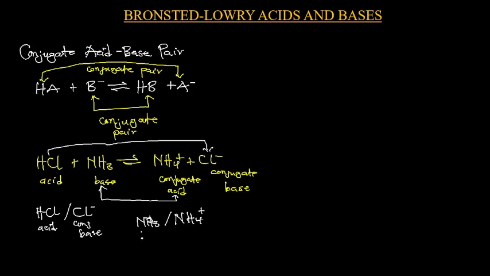So this is our base, and this is the conjugate acid. Why is it an acid? Because it has the capability of donating a proton back to HCl and forming these back. That's why we use reversible arrows in these equations.